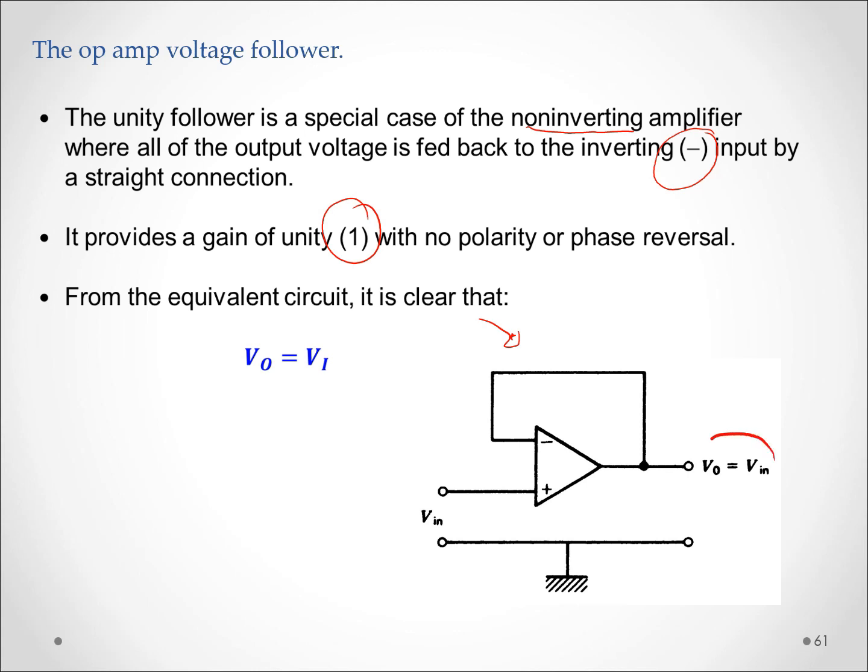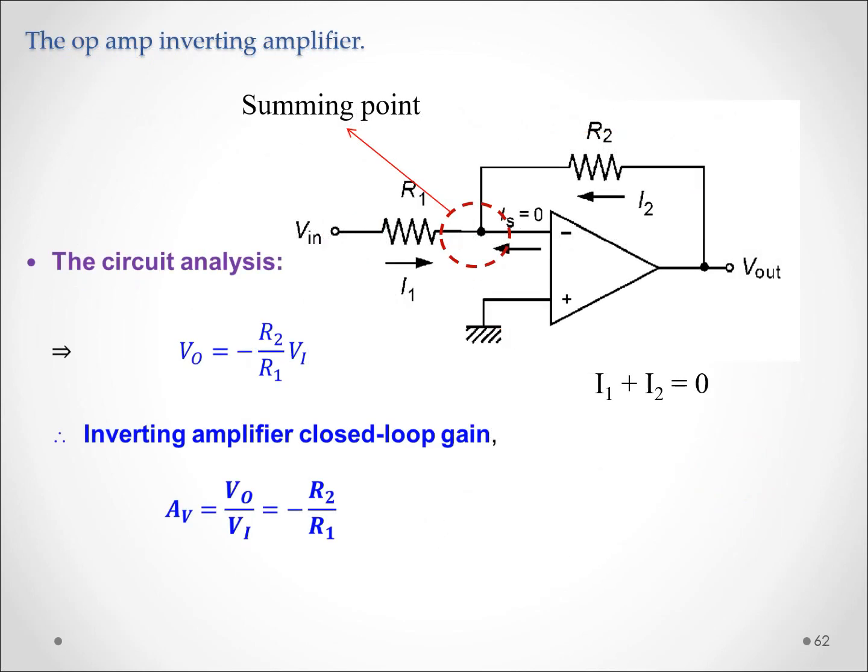Now let's look at the inverting amplifier. This is the setup of an inverting amplifier, where we have R1 and R2 connected, where R1 is connected in between V in and the negative voltage input, and we have R2 connected to the feedback loop from the output to the negative channel.